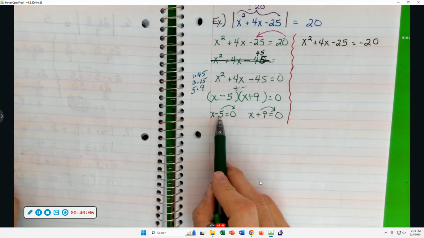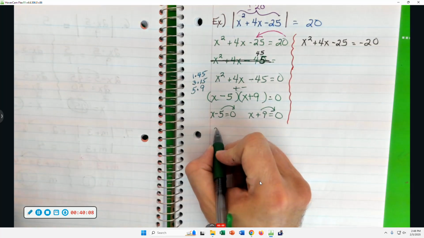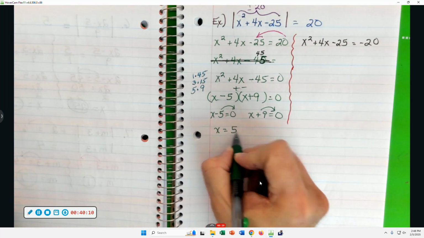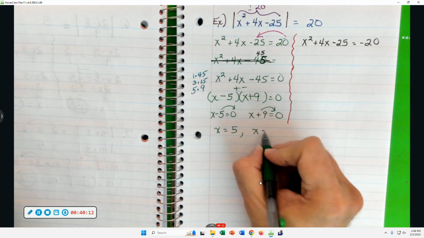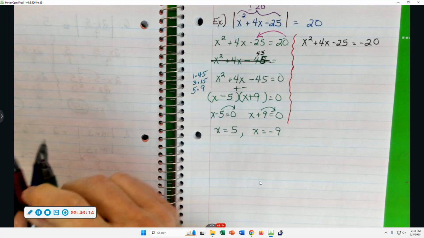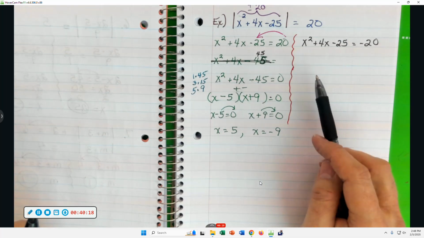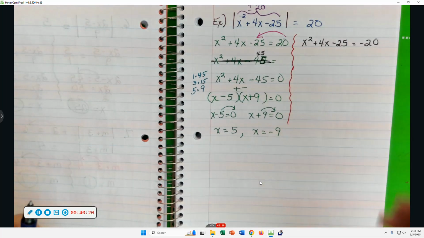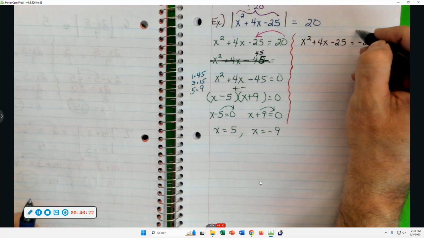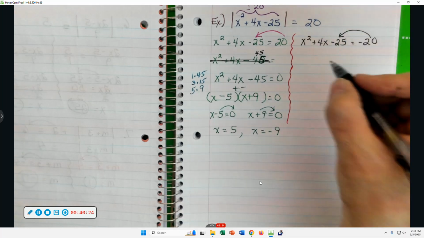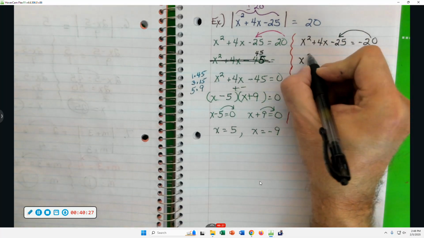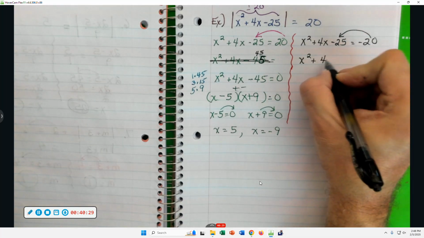Okay, so it's going to be a positive 5 and what else? Negative 9. Okay, now we'll do the exact same thing over here. We need to get 0 on one side, so we'll add that 20. That's going to give us x squared plus 4x, and what else are we going to have there?